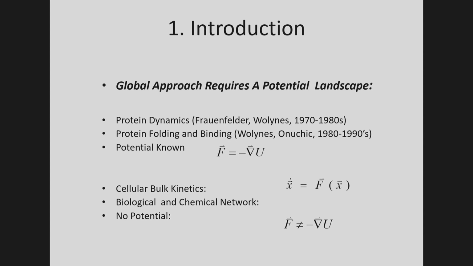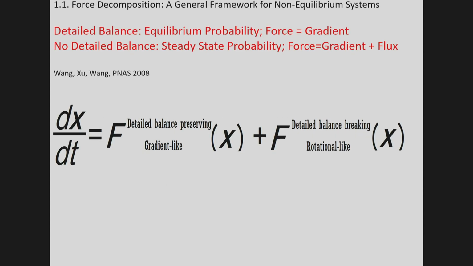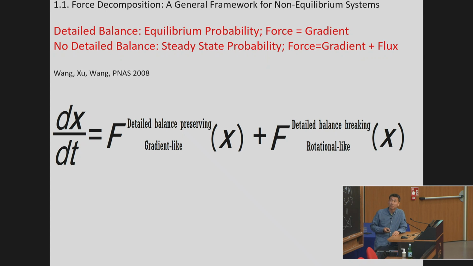In other words, the driving force of the dynamics usually cannot be written as a pure gradient per se. And if it can't be written as a pure gradient, how do we do the global analysis around it? That's the problem. There are a lot of people working on non-equilibrium dynamics, and for the time being, I just discuss our approach.